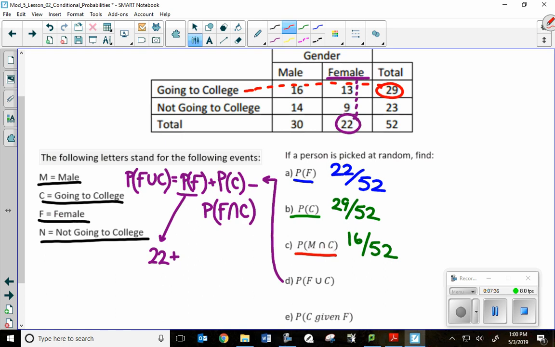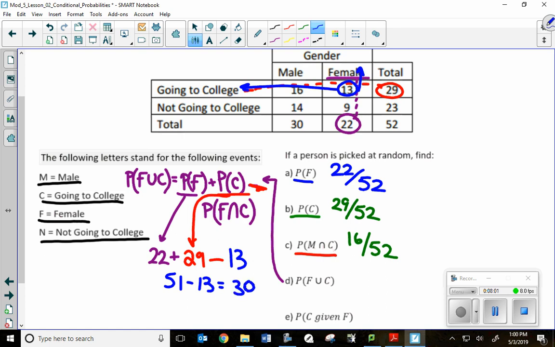It's 29. Minus both. What is the only number that is both female and going to college? 13 is female and going to college. Minus my 13. This would be 51 minus 13, which would be 38.